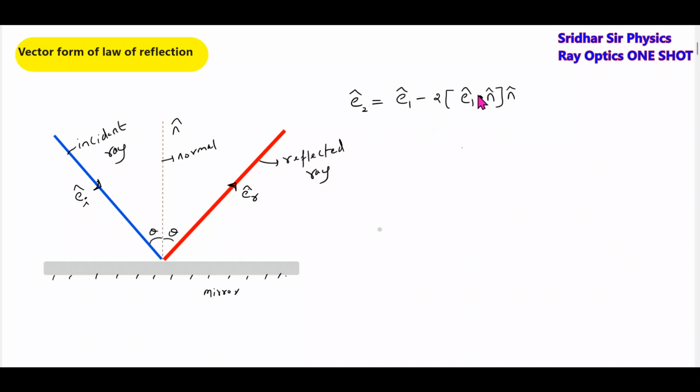Unit vector directed along the incident ray.